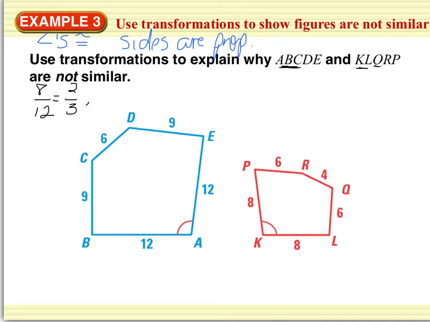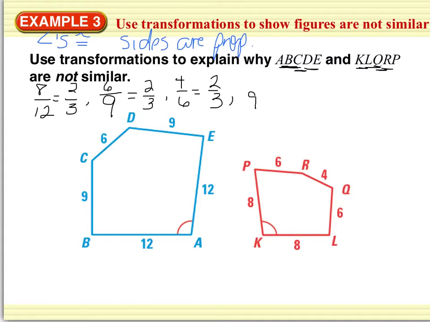Okay, BC and LQ. BC is 9, LQ is 6. That gives me 2/3 again. Okay, CD and QR. CD is 6. QR is 4, which is also 2/3. DE, RP.